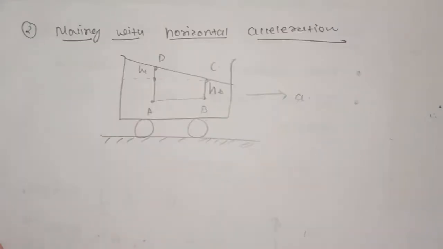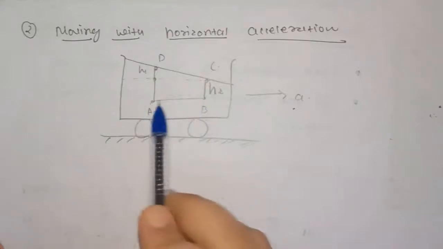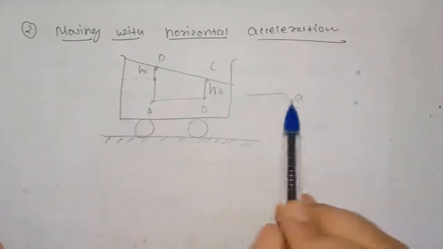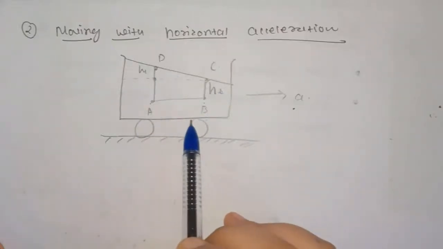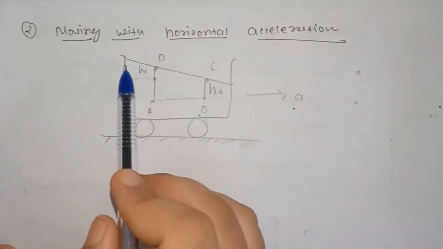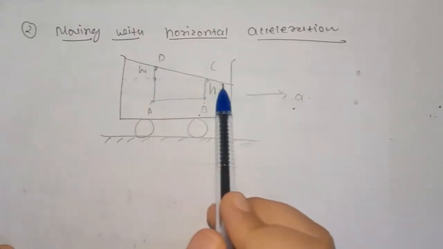Now, what will happen if the container is moving horizontally with some acceleration a? Let us consider 2 points A and B. If this container is moving in this direction with acceleration a, due to inertia of rest or inertia of motion, the liquid will appear to be like this, making some angle with the horizontal.